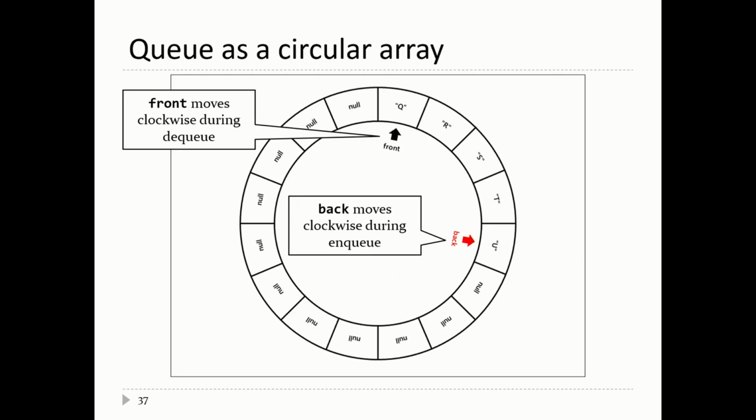And so if you imagine the array as just being a circular array, then that's one way to visualize a queue. So this is a queue of finite capacity. In this case, it can only hold 16 elements. When you view it as a circular array, front and back always move clockwise around the circle.